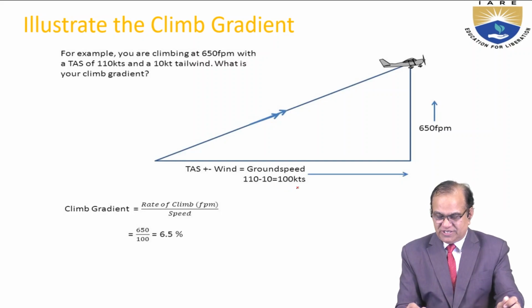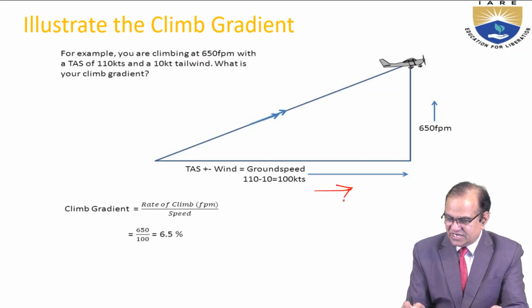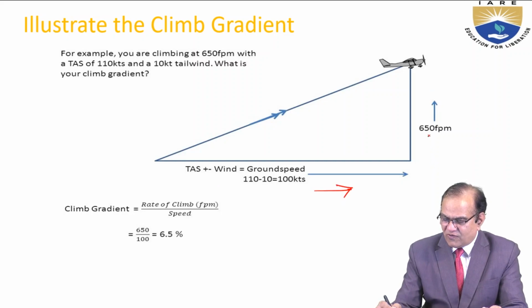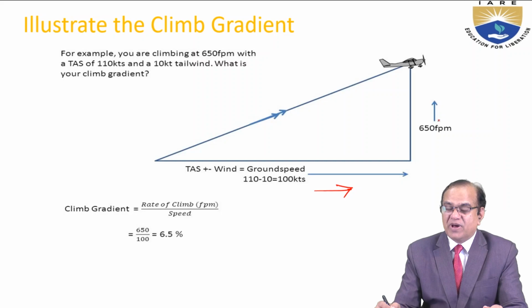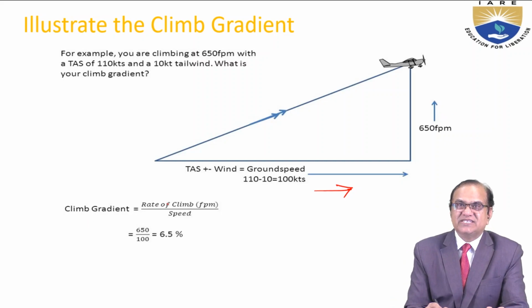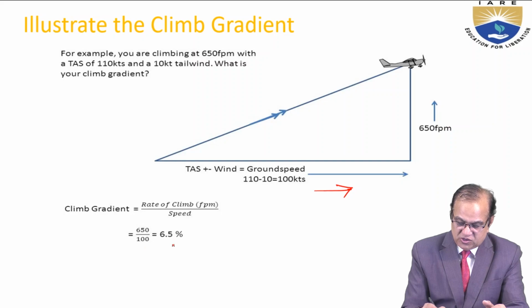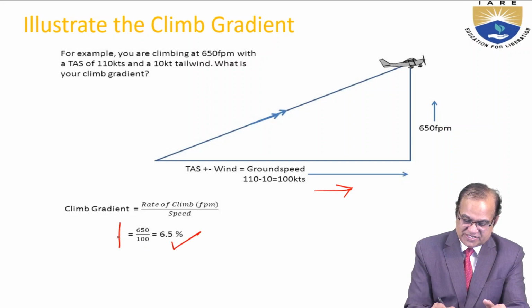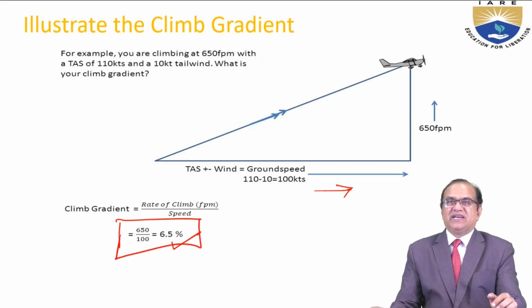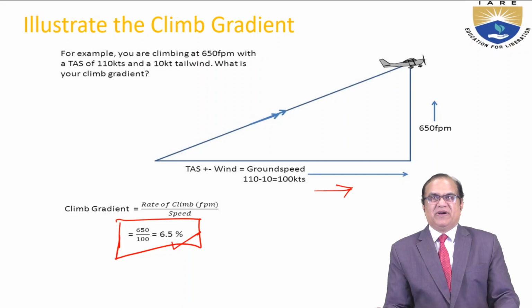The climb gradient is the rate of climb in feet per minute divided by speed. So 650 divided by 100, you will get 6.5%. So your climb gradient is 6.5%.